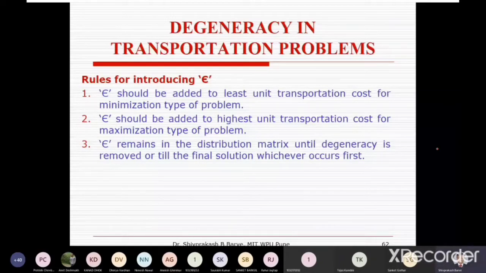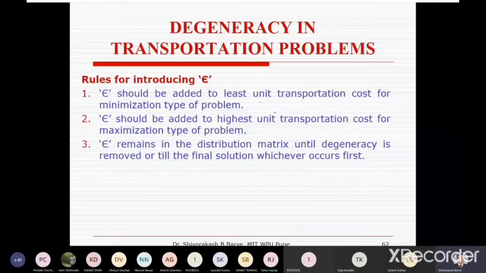So here are the rules for introducing epsilon. Epsilon should be added to the least unit transportation cost for a minimization type problem. So epsilon is added in the unallocated cell values. We have to check the unallocated cell values, and wherever the unit transportation cost is less, there we have to add epsilon.